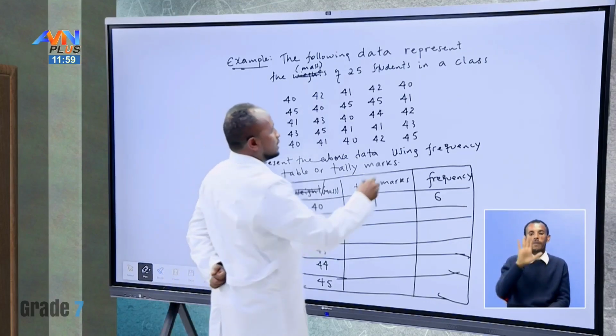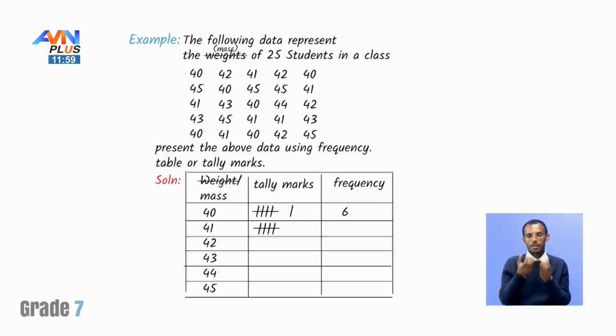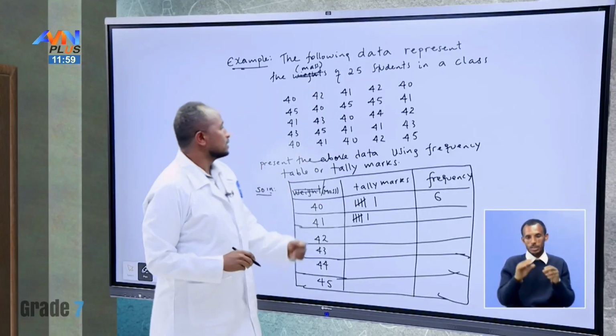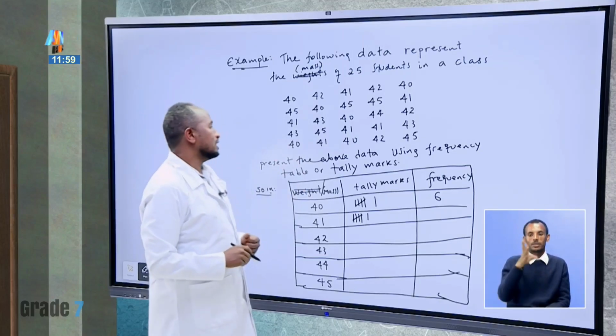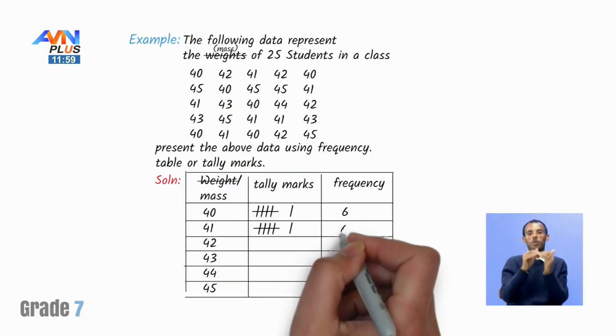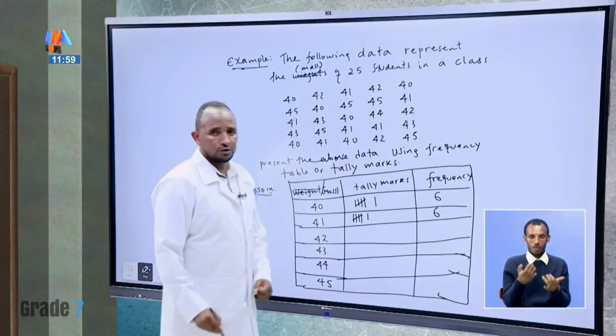On the next part, in this column we have another one. So the number of students whose mass is 41 kg is 5 plus 1, again it is 6.